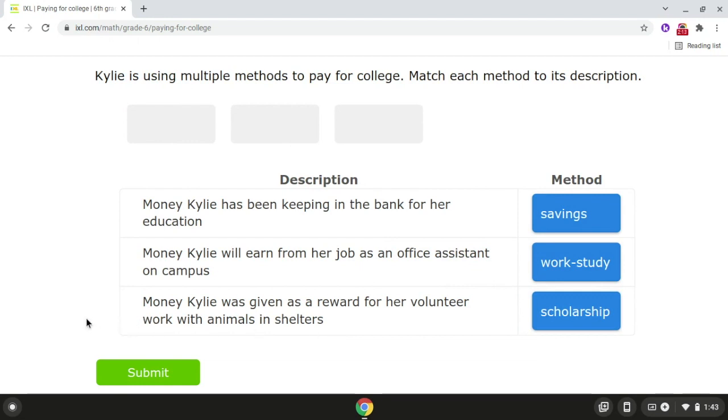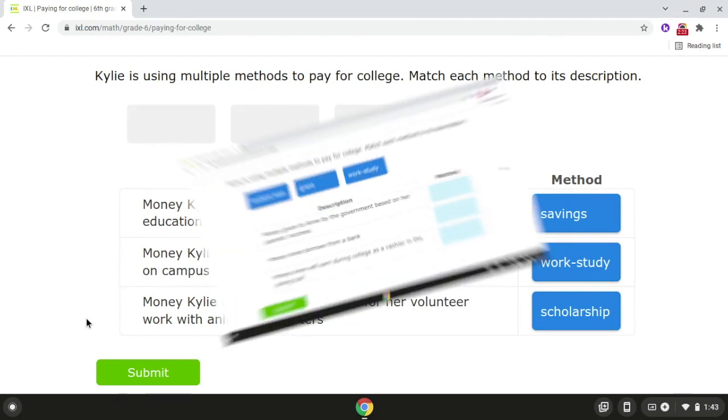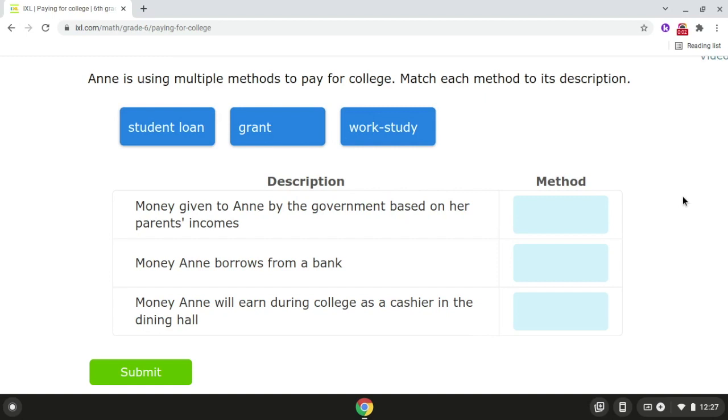Okay, so that is problem number 1. Now we're going to be moving on to problem number 2. Okay, so problem number 2 is telling us that Anne is using multiple methods to pay for college.